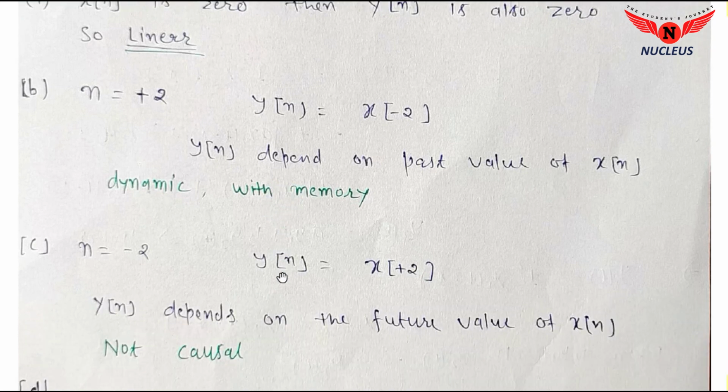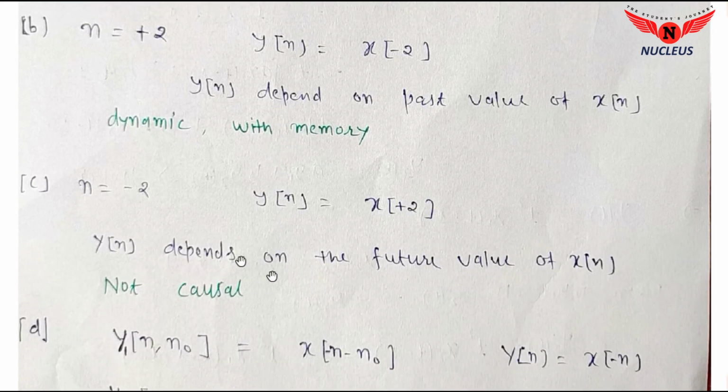Now we will check causality. When you put n equal to minus 2, we get y(-2) equal to x(2). So the output at present depends on the future value of input. So this system is not causal.